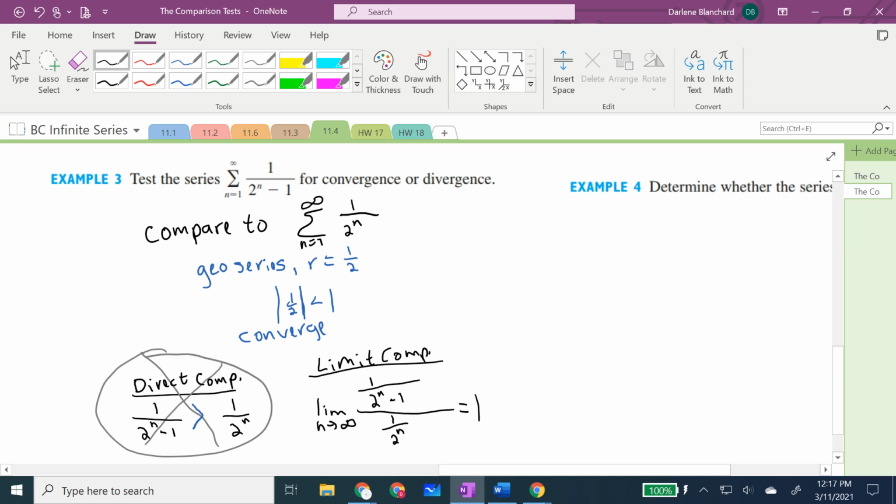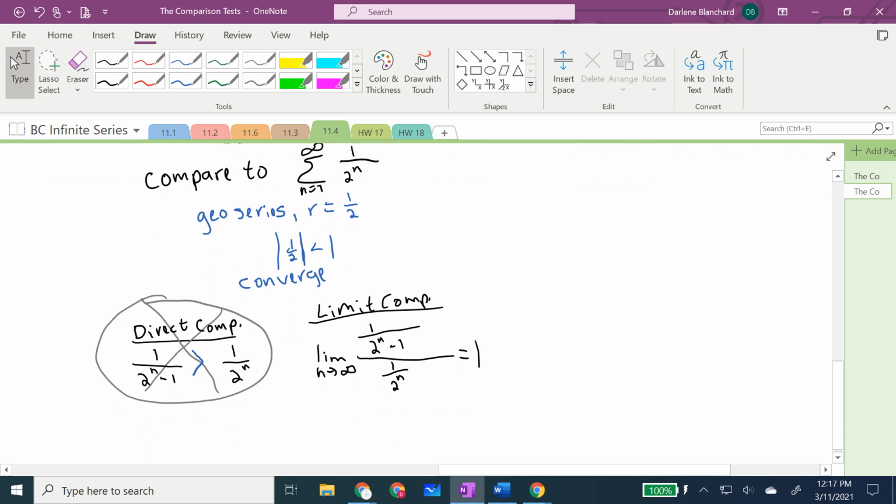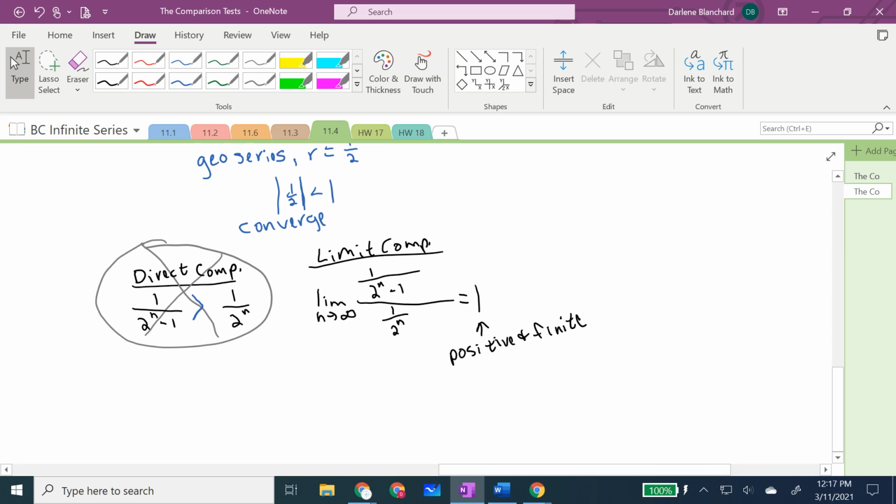One. And the reason why that matters is because it is positive and finite. In the theorem that we were looking at, it just says greater than 0 and finite. This means they both converge or they both diverge, so I'm ready for my conclusion.